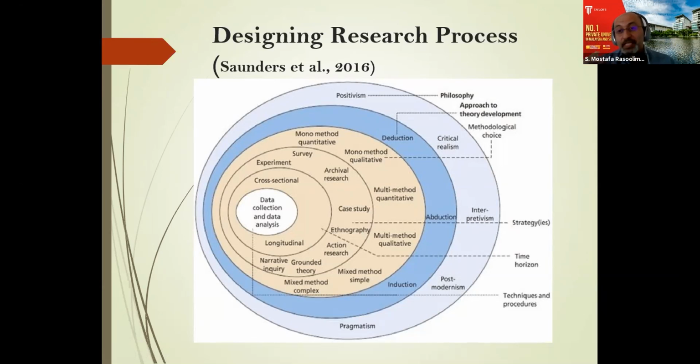In mixed method, we are mixing qualitative and quantitative. So we need to explain what strategy for the qualitative part and what strategy for the quantitative part, what data collection method we use for qualitative and for quantitative, and what data analysis for qualitative and quantitative. So for mixed method, we have to follow all these steps.